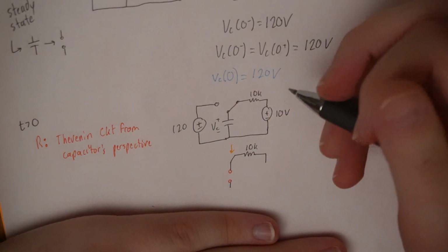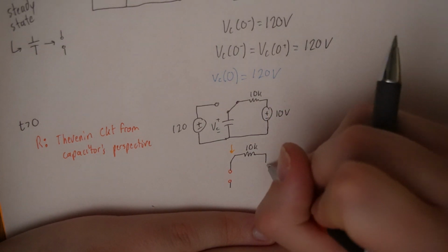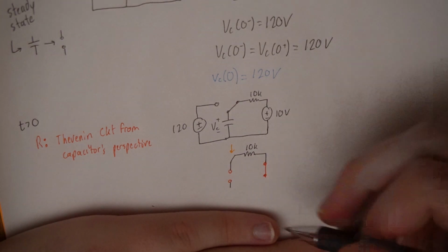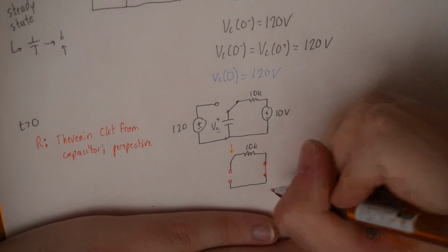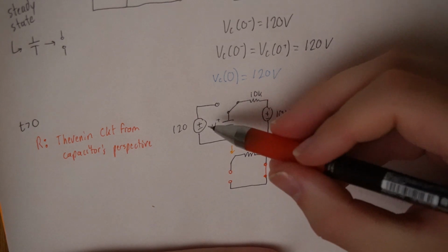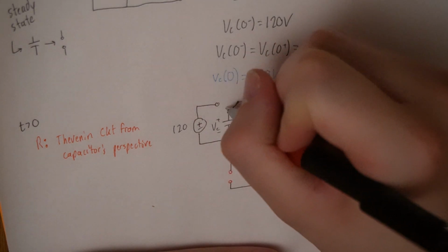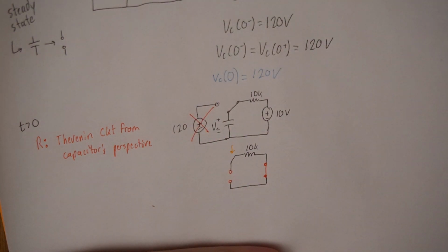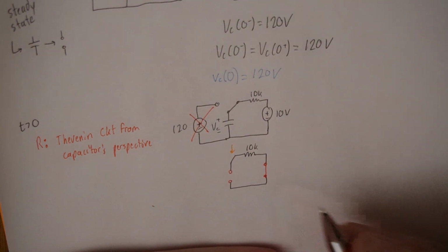And then because it's Thevenin, I'm going to short circuit the voltage source. If it was a current source, I would open circuit it. And if we notice, the other side of the circuit here, this 120, doesn't actually matter. It's not connected and we're not looking for a voltage across it. There's no information there I need, so I can get rid of it. So this is what we have.